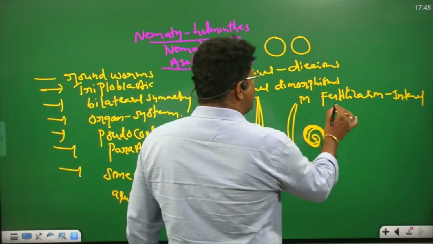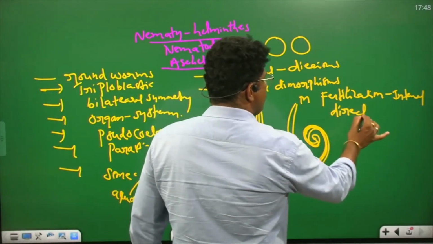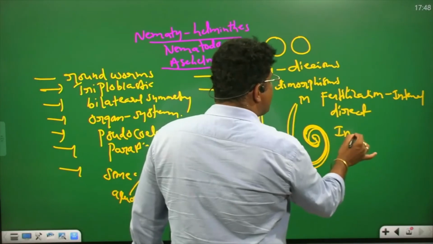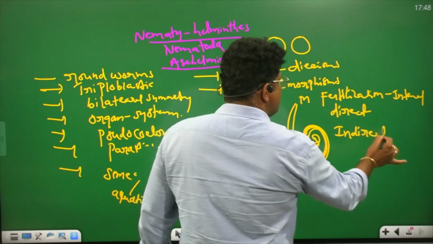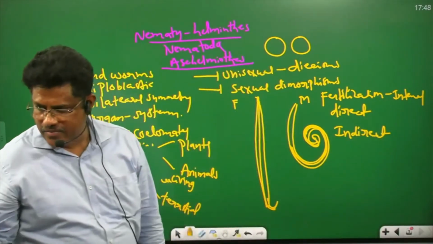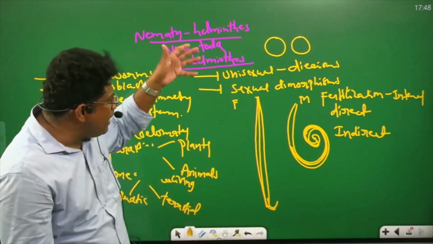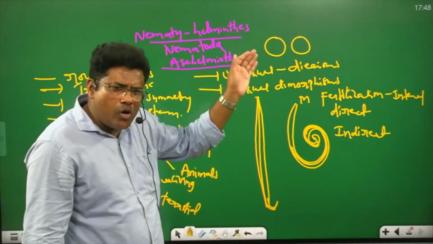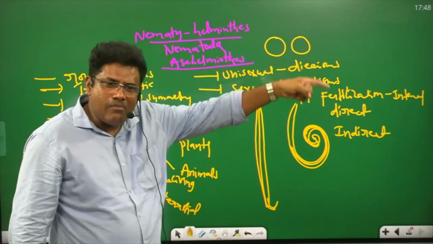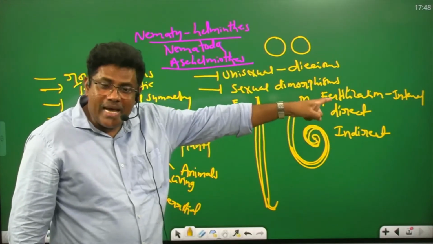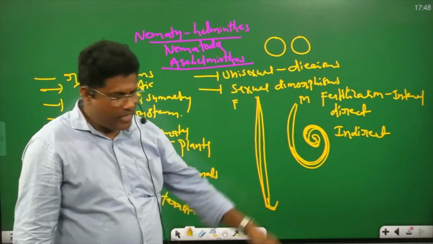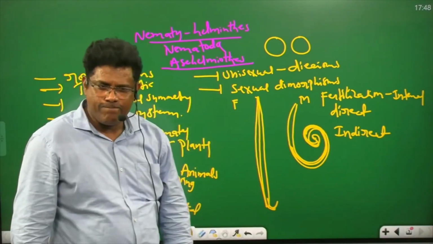Development is direct in some animals and indirect in others. In some nematodes, development is direct; in some nematodes, development is indirect. Direct means no larvae. Indirect means larvae are there.